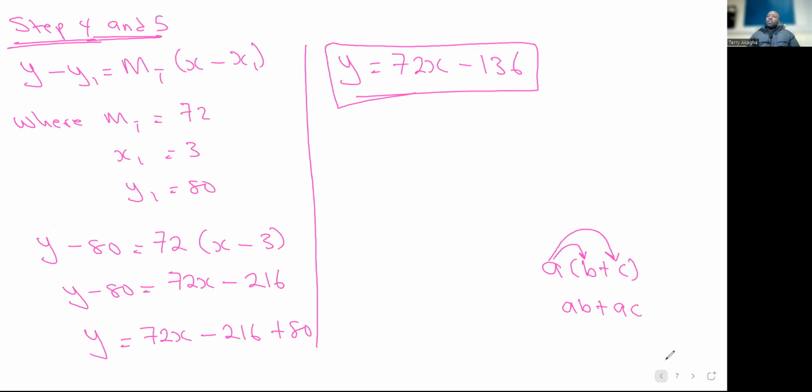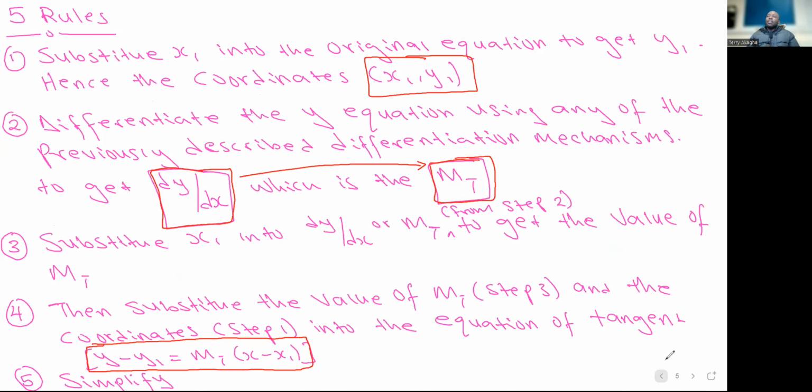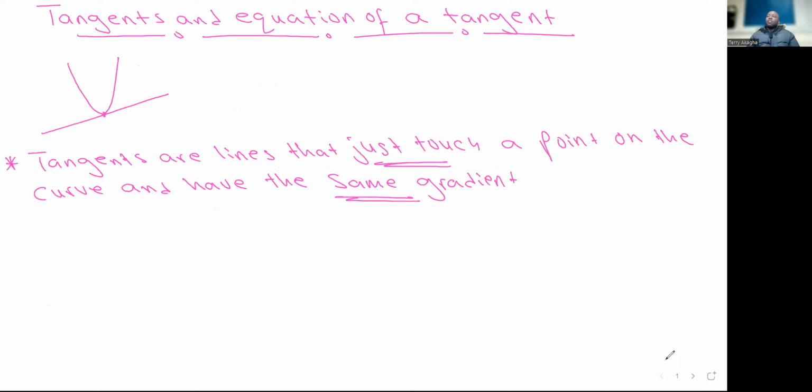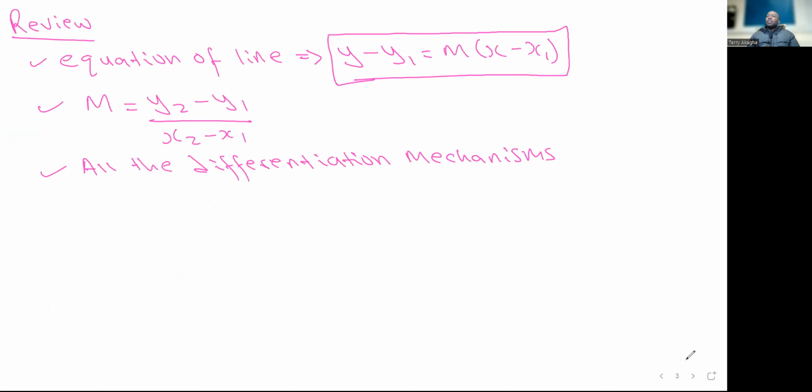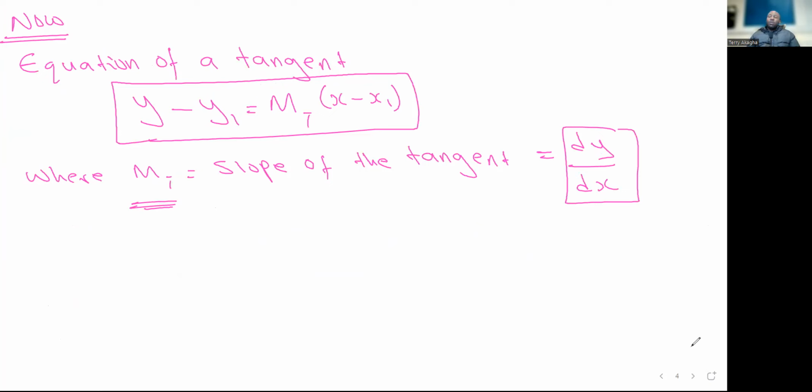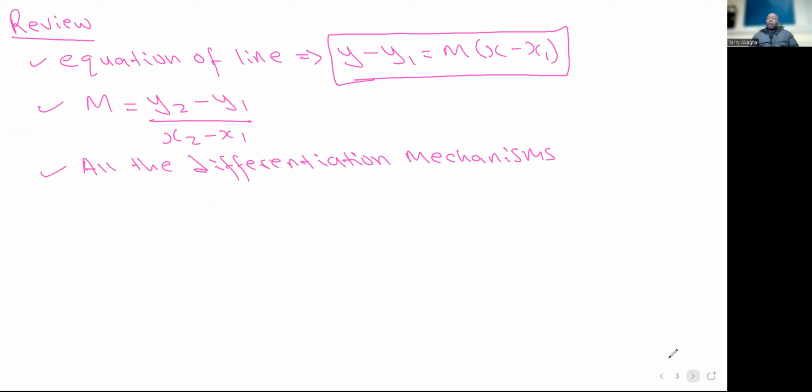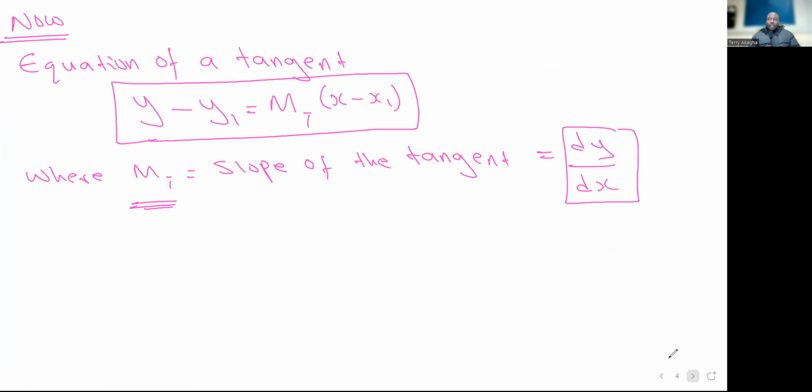So this is how to find the equation of a tangent. You first have to know the equation of a tangent formula: y minus y1 equals mt times x minus x1. It's similar to the equation of a line, but instead of m being y2 minus y1 divided by x2 minus x1, this time you're looking for mt, the dy over dx.